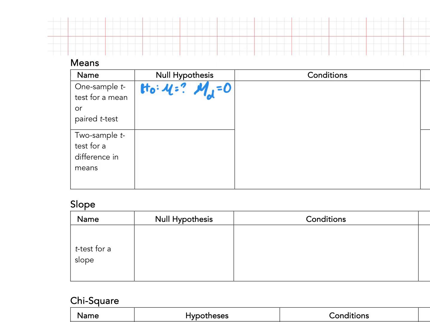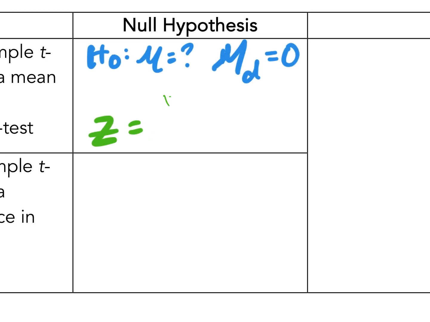You pick t-test in your calculator, okay? And your statistic would be x bar minus mu over the standard error of the x bars, which is s over the square root of n. That's really hard to see. Everybody okay?